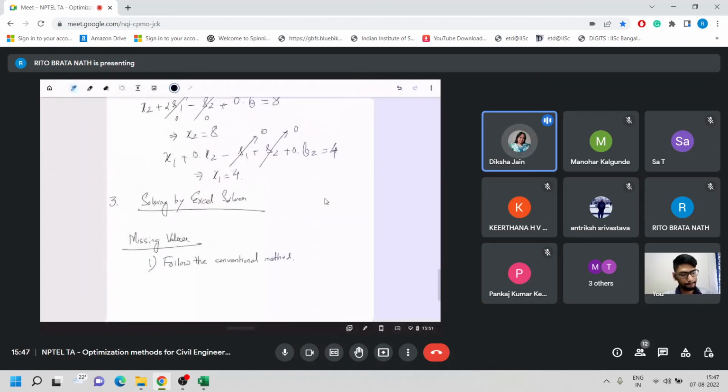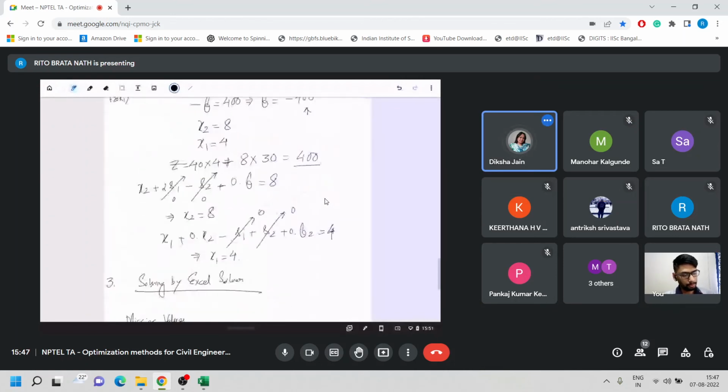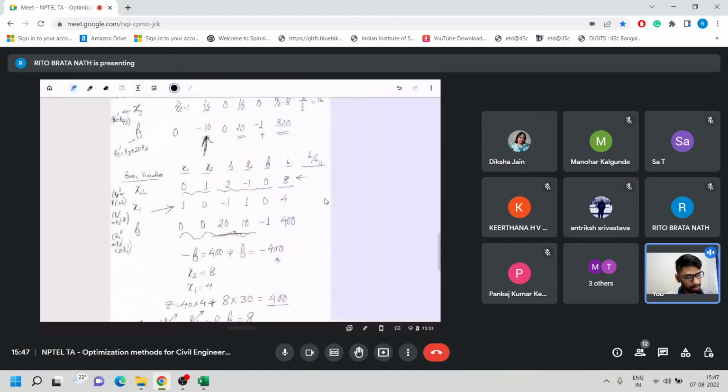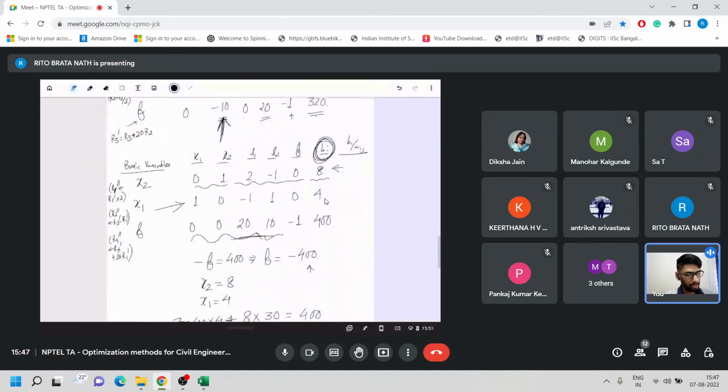If you notice this BI column, suppose I had written it here as A and here as B, and I have given you this is the final tableau. Tell me what is the value of A and B. In that case, your A and B would have been 4 and 400.